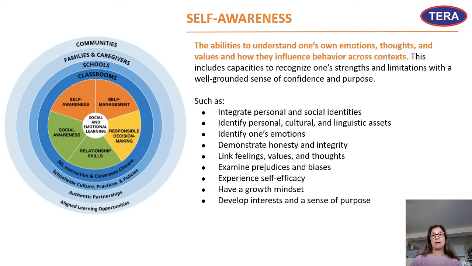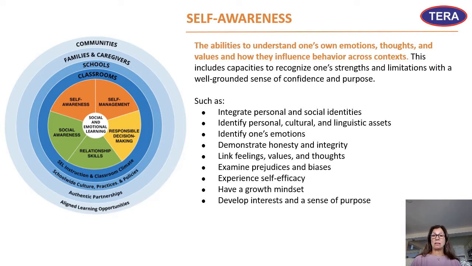And along with this comes demonstrating honesty and integrity with reference to these emotions, as well as with reference to everything that we do, decisions that we make, interactions that we have, that they are always honest and always ethical and always have integrity. Further, as you can see, all of these scaffold on one another. We have to link our feelings, our values, and our thoughts with our emotions and our behaviors.